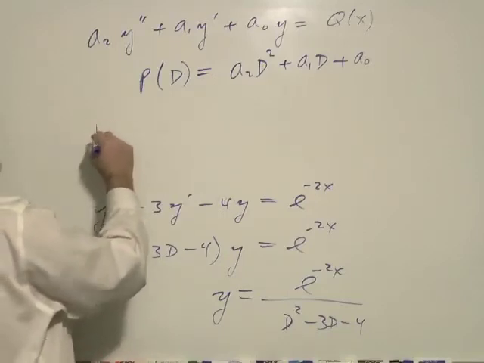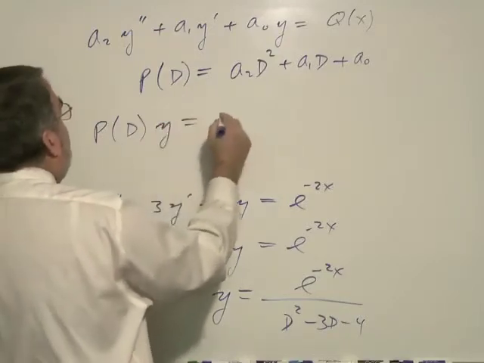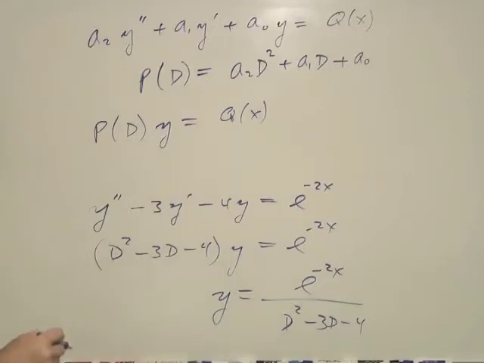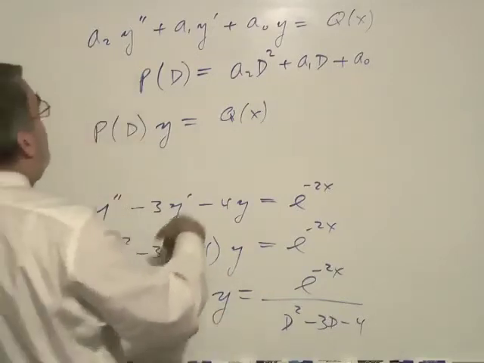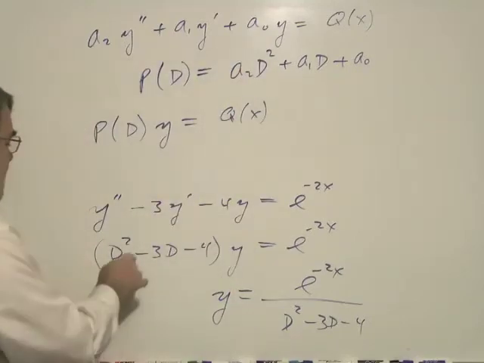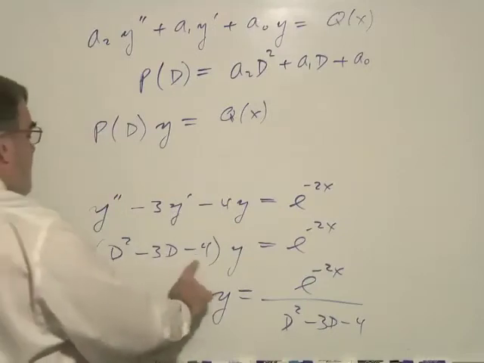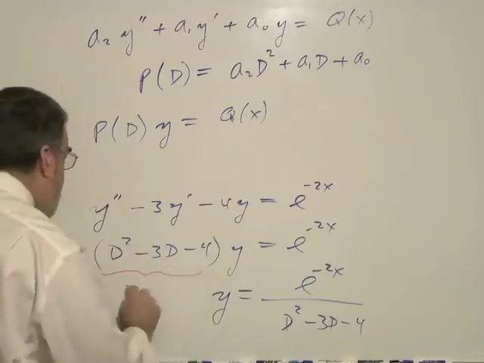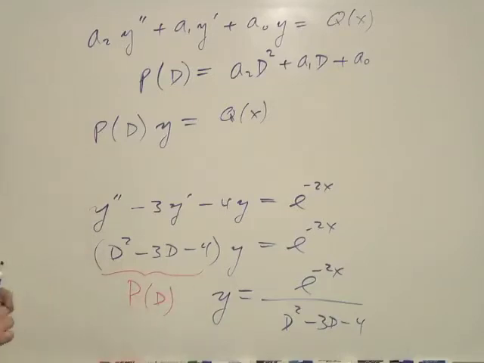It would be the polynomial operator operating on y equals q of x. So down here it's pretty much what we did. The a2, a1, and a0 were 1, negative 3, and negative 4. And this is my polynomial operator, which I'm starting to call P of D, polynomial of the operator D.